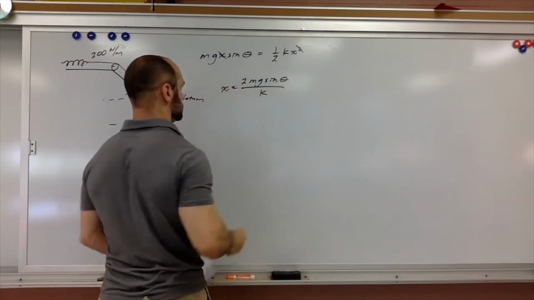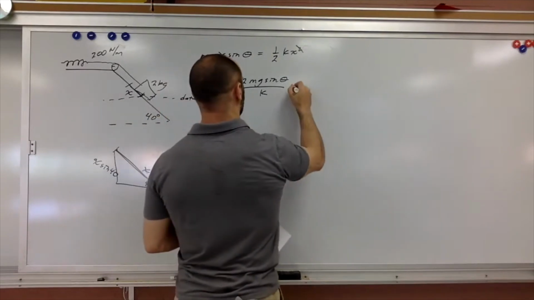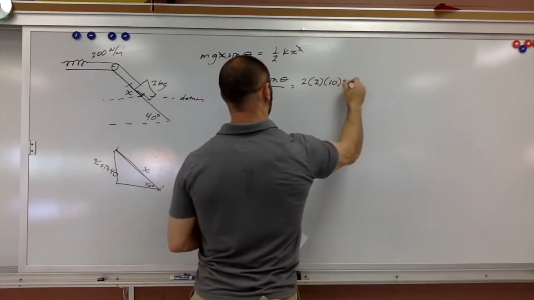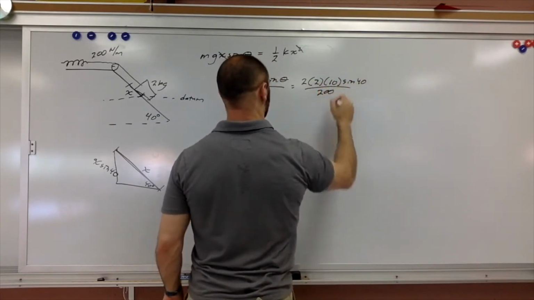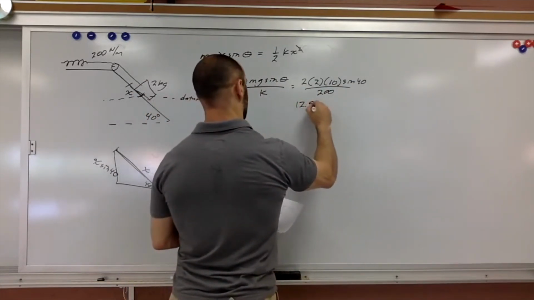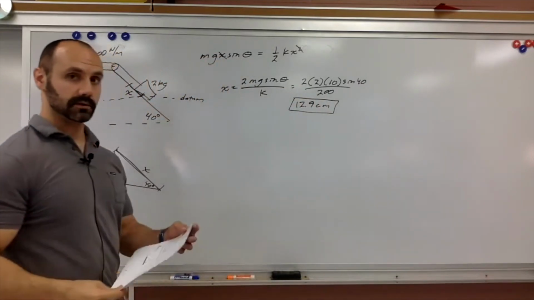That's what x is equal to. And so we get 2, the mass is 2, g, we're just going to use 10, sine of 40, and k is 200 newtons per meter. That should come out to about 12.9 centimeters. That's how far it goes.